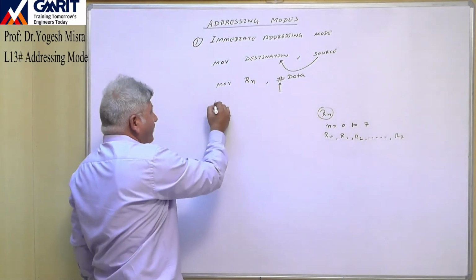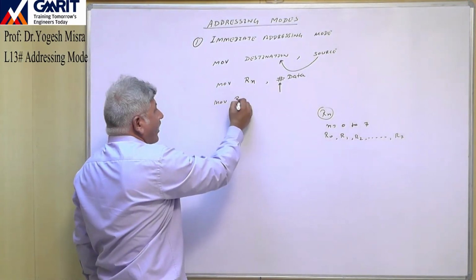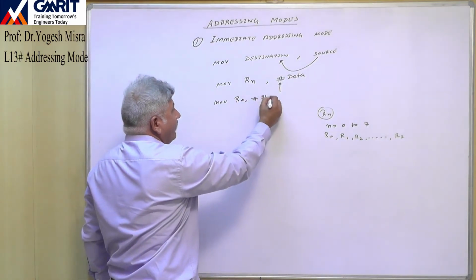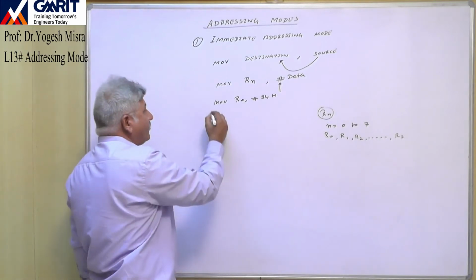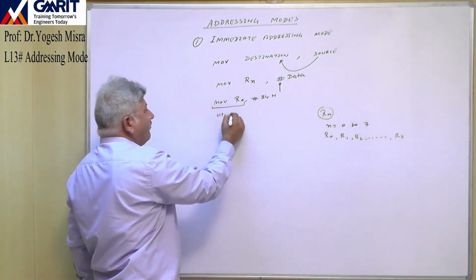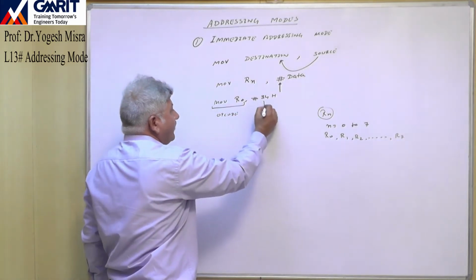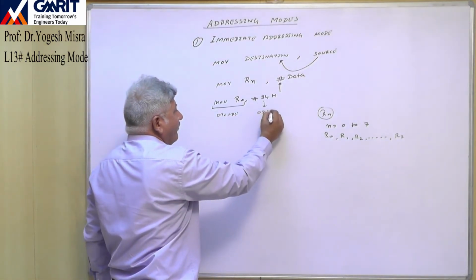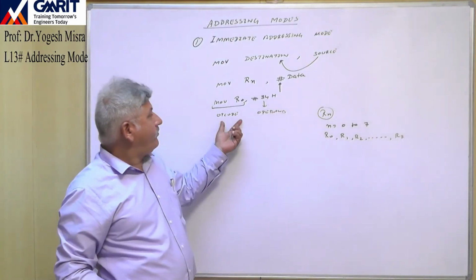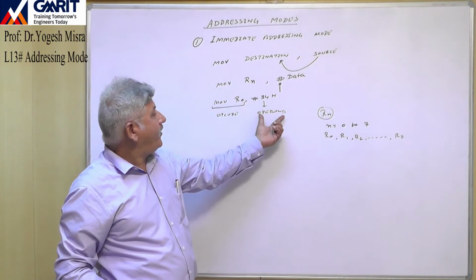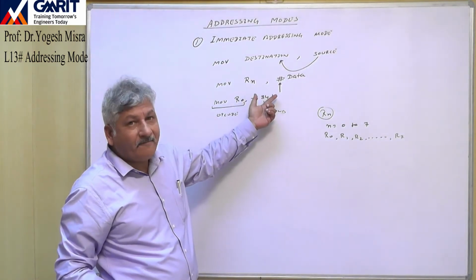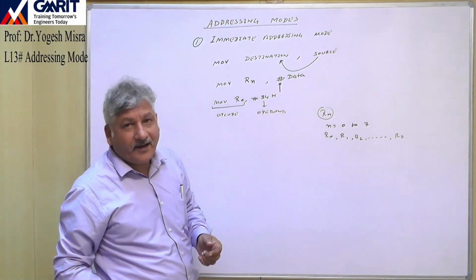For example, move R0, comma, hash 34H. Here this is our opcode and this is our operand. So the operand is the part of the opcode with immediate data. This is the example of immediate addressing mode.